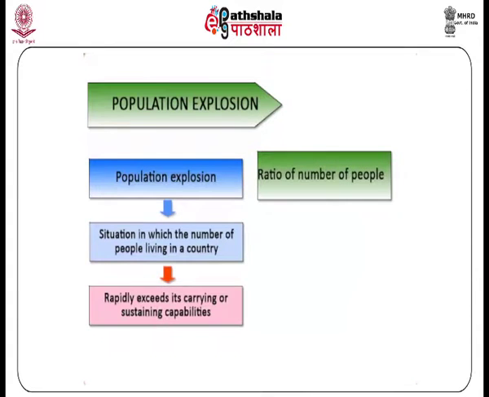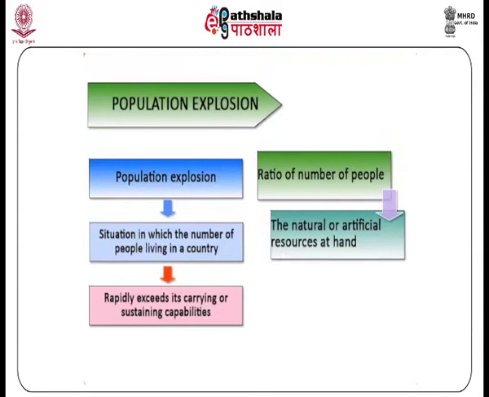It is not just the number of people, but the ratio of it in connection with the natural or artificial resources at hand that constitutes overpopulation. With the increasing global concern about sustainable growth, overpopulation or population explosion is a serious issue for individual countries as well as the world.